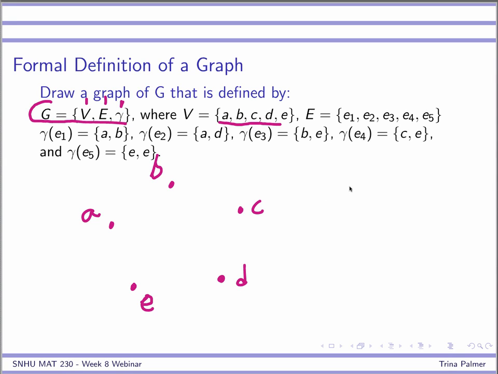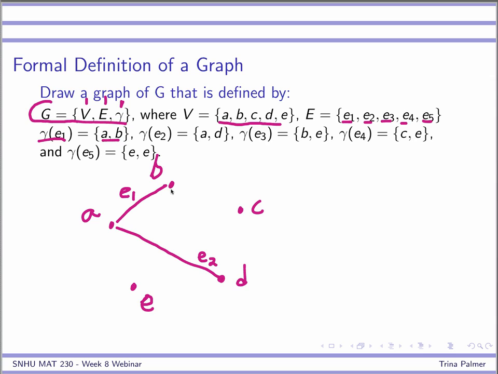And then the edges are labeled E1, E2, E3, E4, and E5. And the gamma tells you the path for each one. So gamma of E1 connects A and B. The path for E2 connects A and D. So A and D is E2.